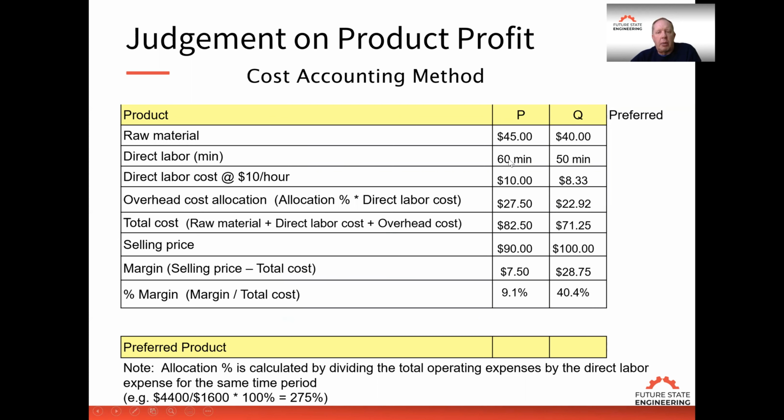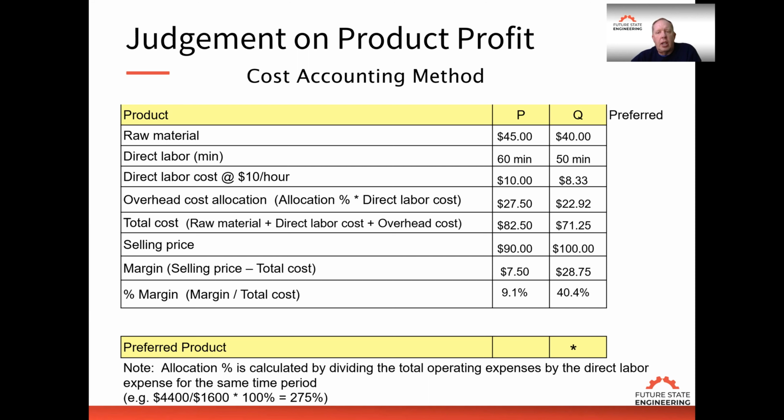So if we take product P and do the calculation, and product Q and do the calculation, you can see that the margin on product P is only 9.1%, where the margin on product Q is much higher at 40.4%. So our preferred product is product Q.